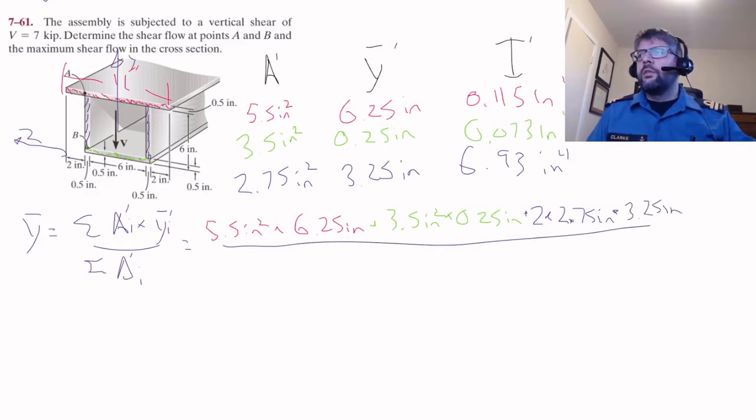All of this over the sum total of the areas, 5.5 plus 3.5 plus 2 times 2.75 inches squared.